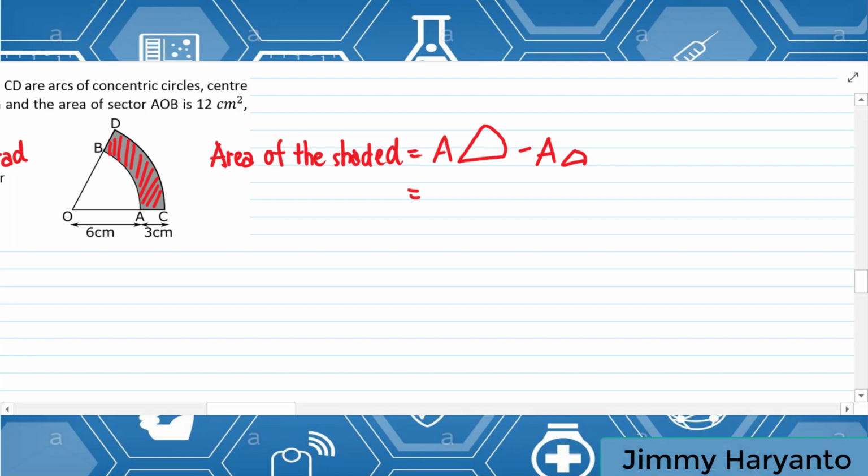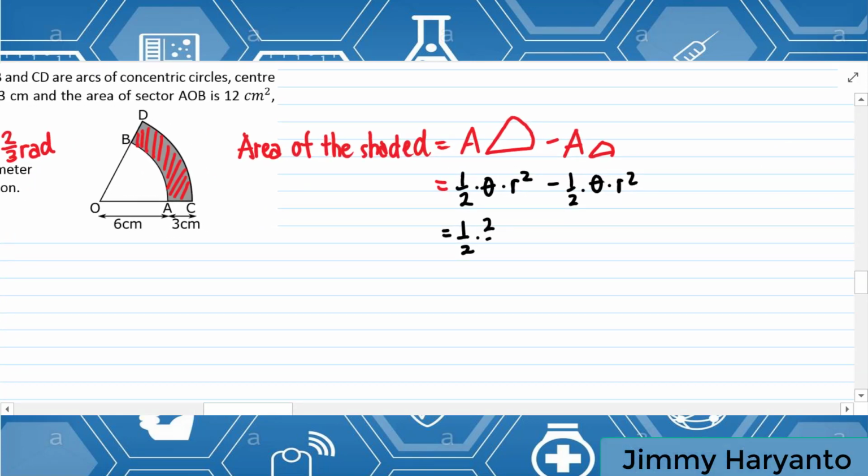So the larger sector is half times theta times r square, minus half times theta times r square for the small one. Theta is 2 over 3, the same for both. The radius is 9 centimeters for the larger and 6 centimeters for the smaller. We can calculate this using a calculator, and the result is 15 centimeter square.